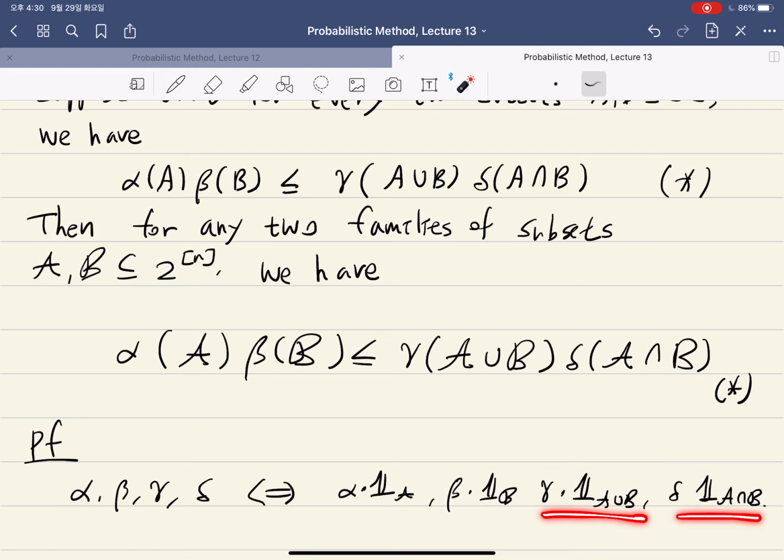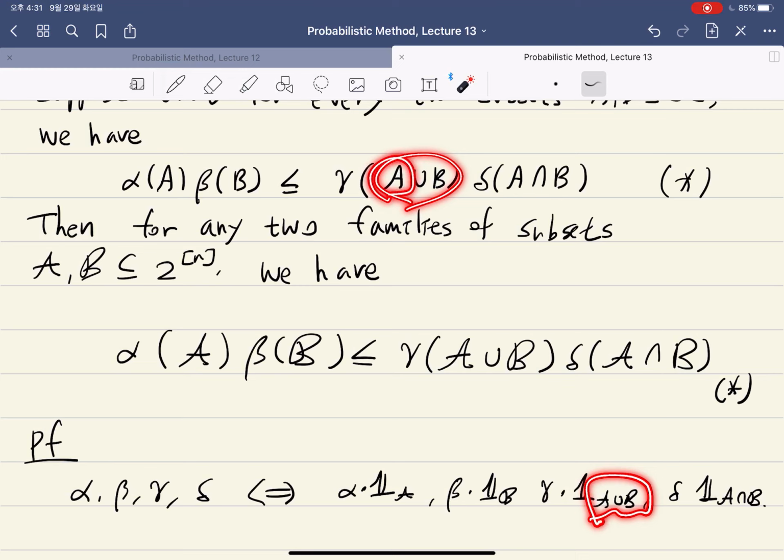so one of them is 0, meaning that this set does not lie inside of here. That implies that at least one of A or B does not lie in the collection.